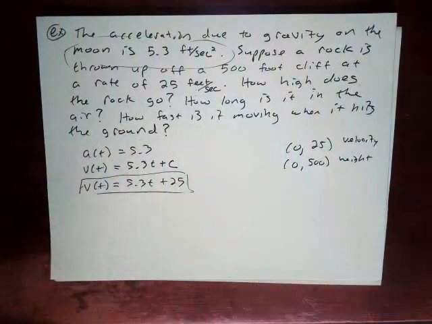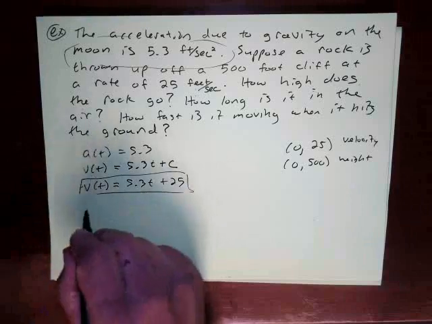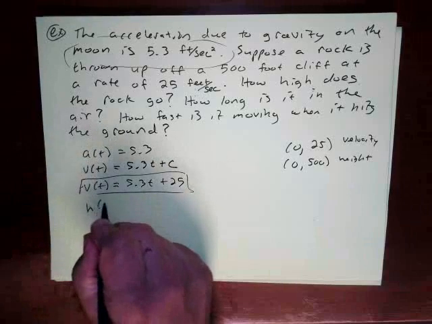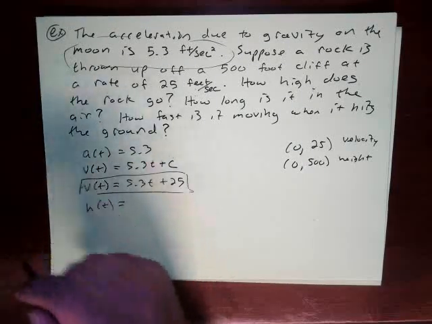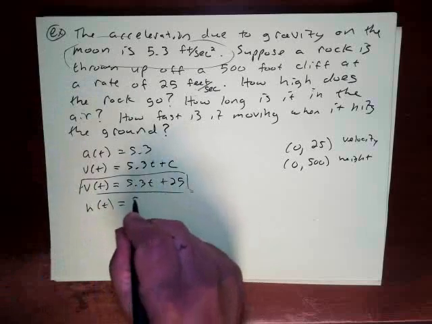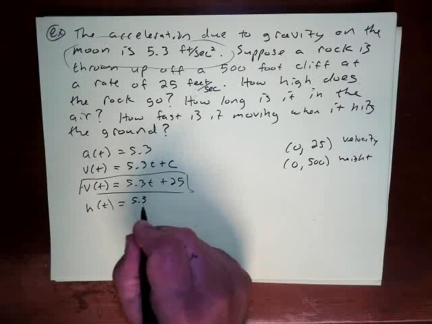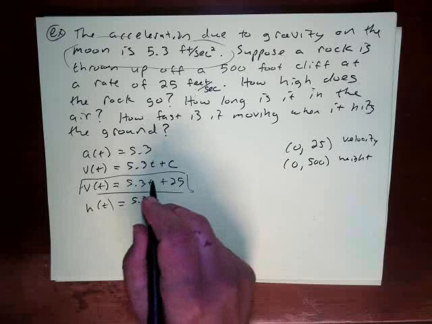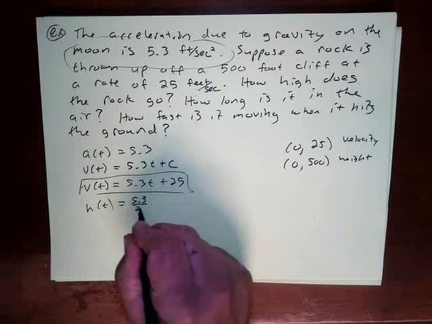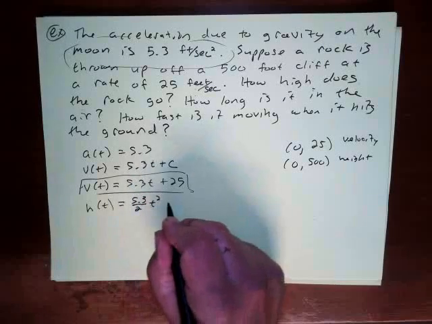So that's my velocity. And now I can find h of t, which is the antiderivative of this, and that would be 5.3, and it'll be t squared over 2, so I can divide that in half and get t squared.